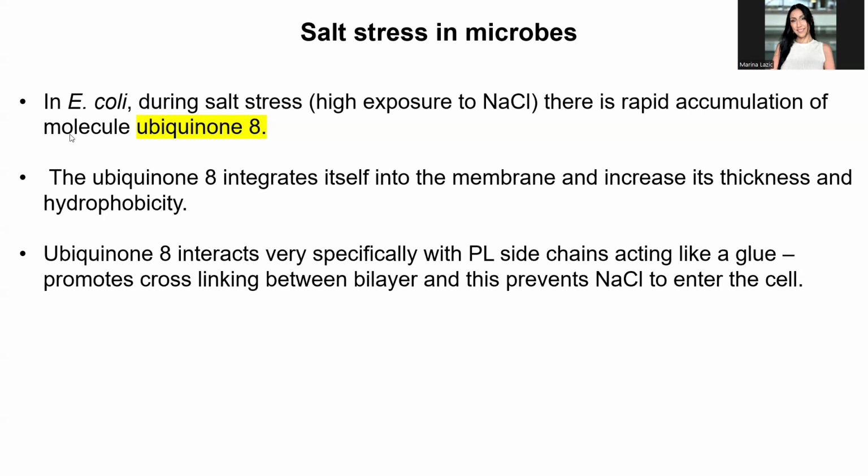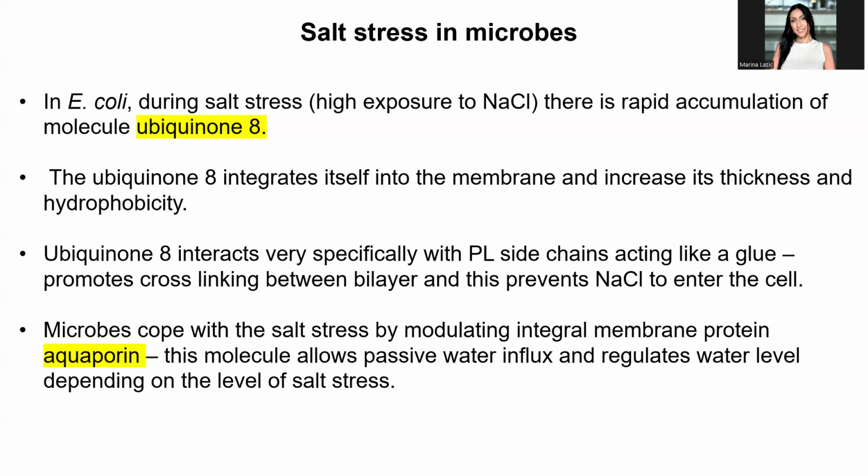What ubiquinone 8 is doing is a specific interaction with the phospholipid chain, and it's promoting the linking between bilayers and making the membrane sticky, like a glue. And the whole point is to make it so sticky that it prevents sodium chloride from coming in and poisoning the cytoplasm. Again, same principle. They're trying to maintain internal homeostasis.